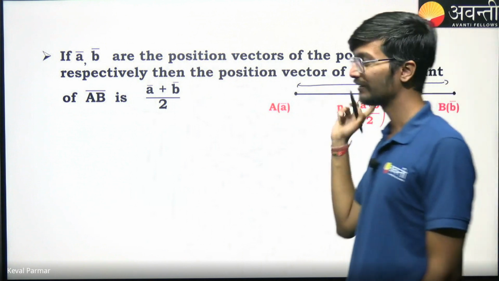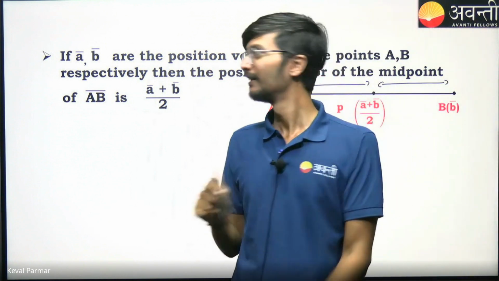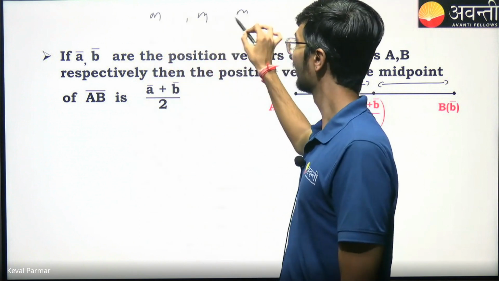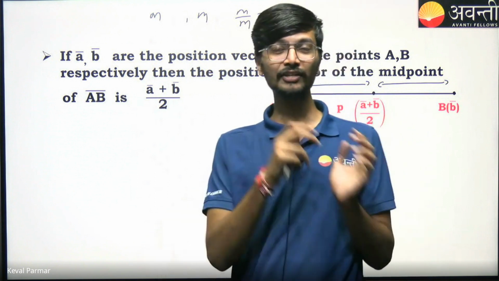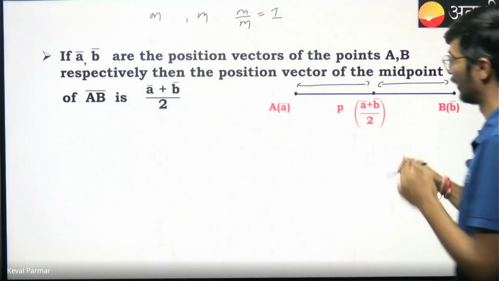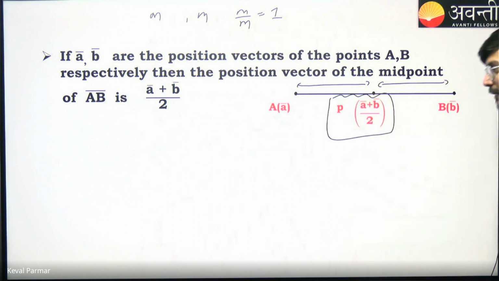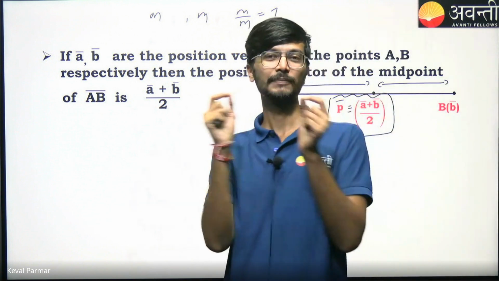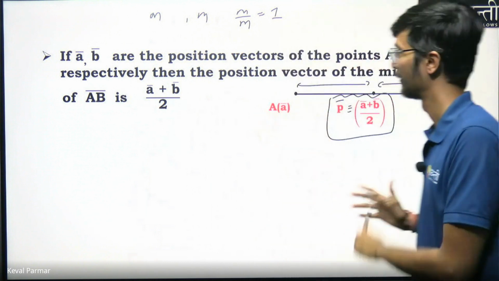And if both distances are the same, their ratio will be 1. If two distances are the same, this is m and this is also m, so if I take the ratio it will be 1. So if the ratio is 1, then I get the midpoint formula, which is p bar is equal to a bar plus b bar upon 2. This is the simplest formula in section formula, the midpoint formula.